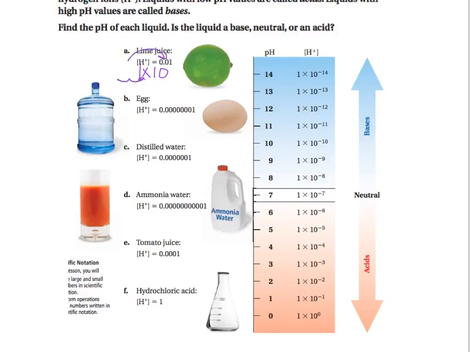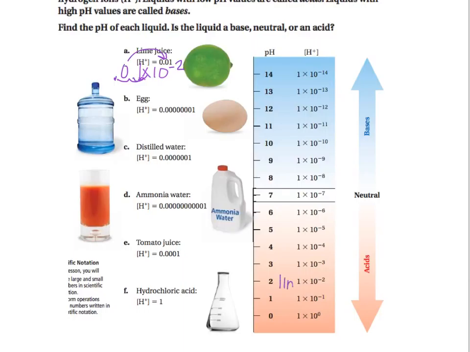If I go past the 1, and then another place, there's the decimal, and then it looks exactly the same. I just went 2 places to the left, which means my exponent is going to be -2, because it's going to make it smaller by 2 places. So the lime juice should be 10 to the -2.